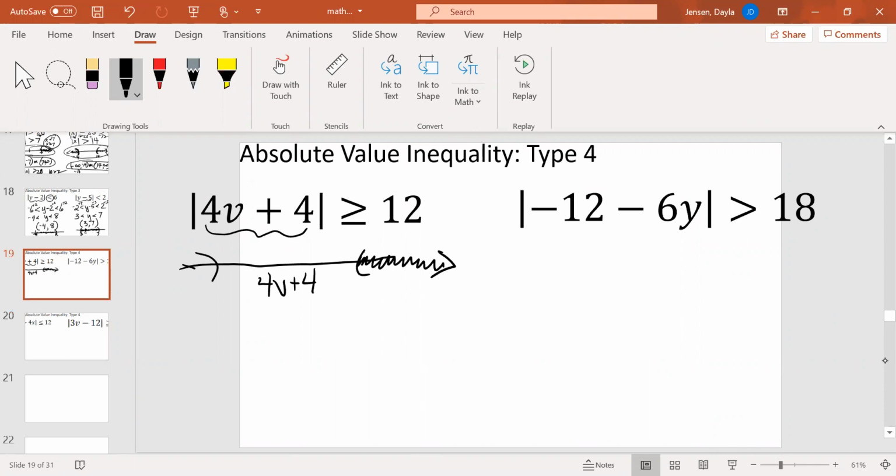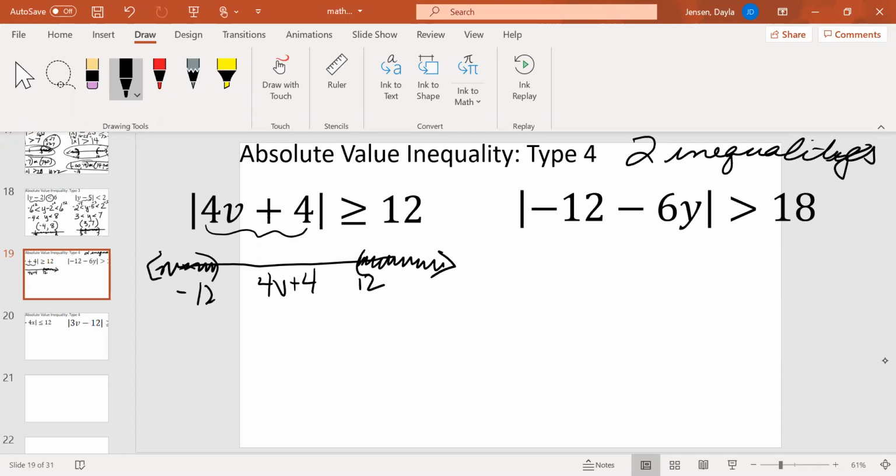So if this is 12, and negative 12, anything over here below negative 12 is also going to give me more than 12 units away. So I have to make 2 inequalities. Instead of a compound inequality, I need to make 2 inequalities.